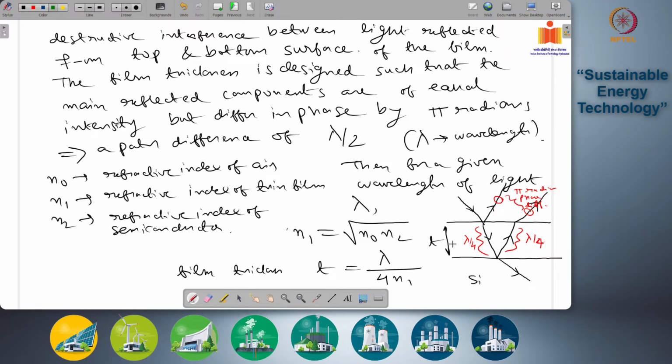N1 is the refractive index of this thin film, N0 is the refractive index of air, and N2 is the refractive index of silicon. So to ensure this, for a given wavelength lambda, N1 should be the square root of N0 into N2, and the thickness will be lambda by 4 N1.